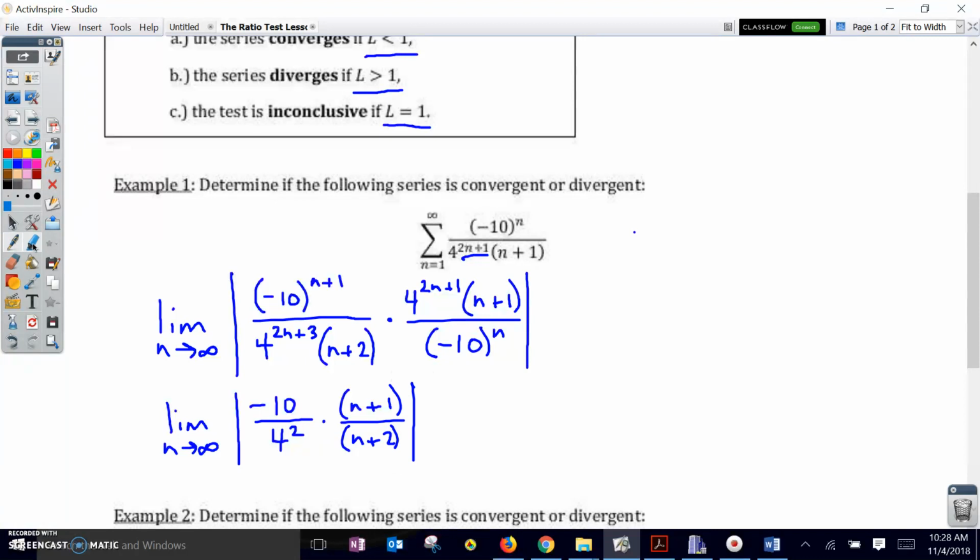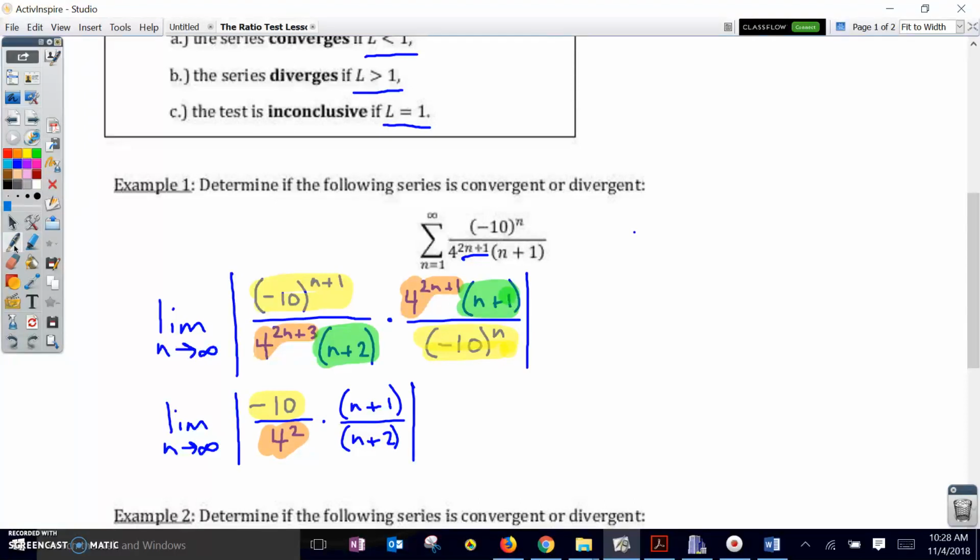Alright, see, I just took the negative 10 to the n plus 1 and the negative 10 to the n and simplified those to get the negative 10, and I took the 4 to the 2n plus 1 and the 4 to the 2n plus 3, and that gives me a 4 squared in the denominator. And then my n's just stick around in the simplification process because there's no way for me to simplify that.